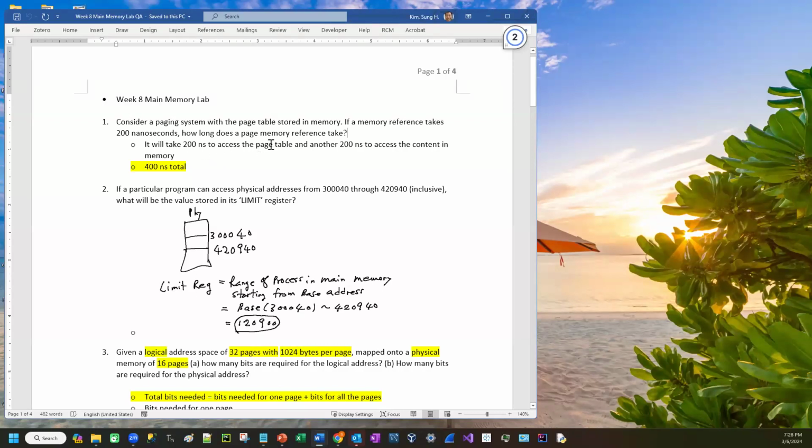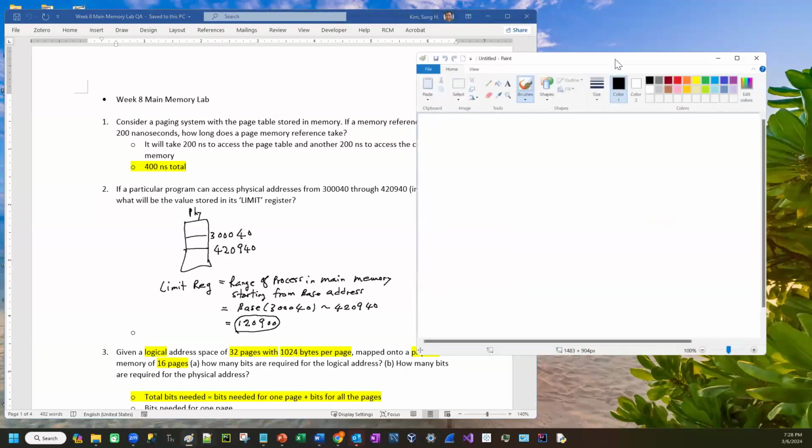So it takes 20 to access the page table and another 200 nanoseconds to get the contents in memory. If you want to look at a little diagram here, you have a page, and this is not in the actual RAM that we think of yet.